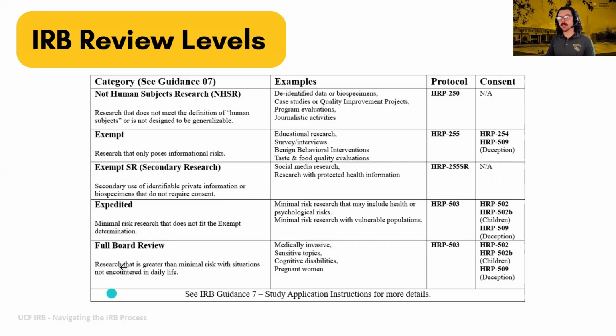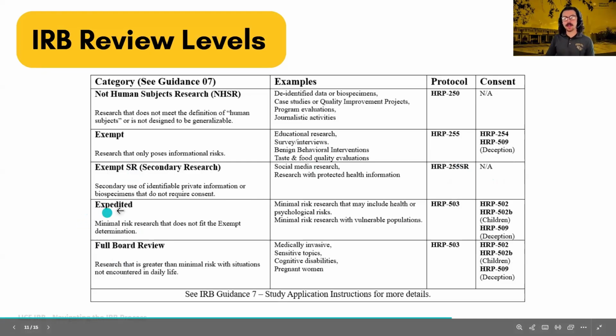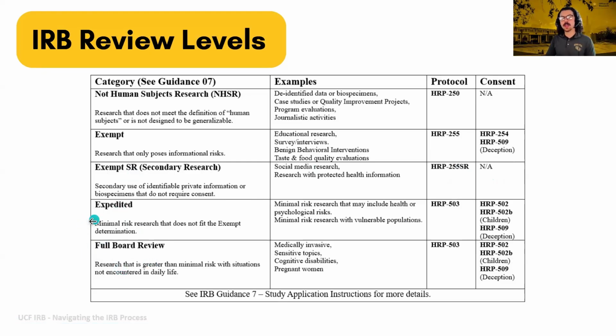Moving on, I'm going to group these last two together, but we have expedited and full board review. Expedited review is basically when the research is still minimal risk, which means you're basically asking people to go through things that they might encounter in daily life. So, for instance, a routine medical checkup, or maybe being asked some psychological questions.